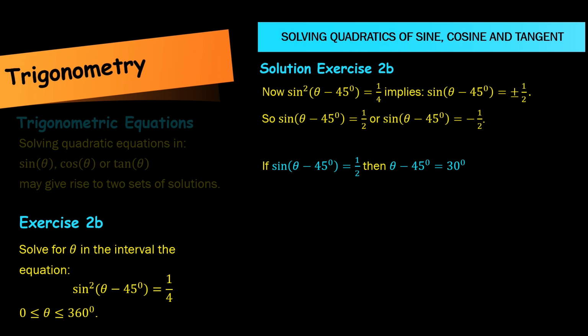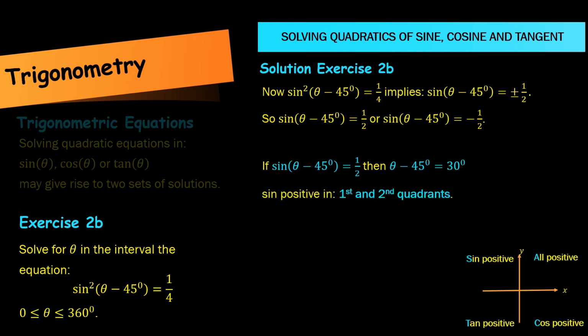If it's plus a half, then theta minus 45 degrees equals 30 degrees. Sine is positive in the first and second quadrants. So here are the two solutions for this equation. 30 degrees in the first quadrant, or 30 degrees in the second quadrant where sine is positive.